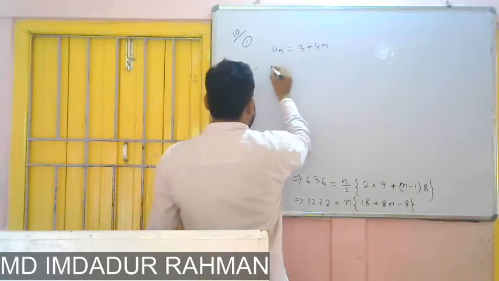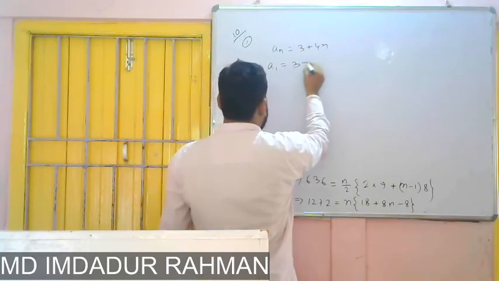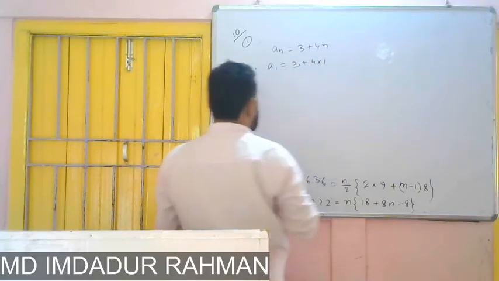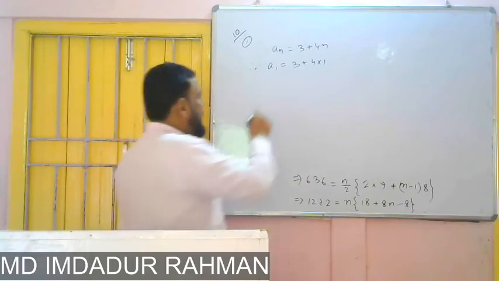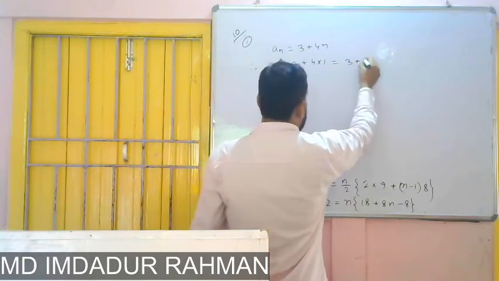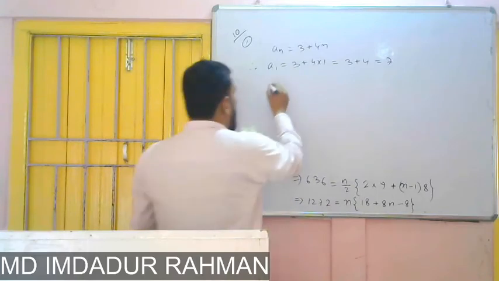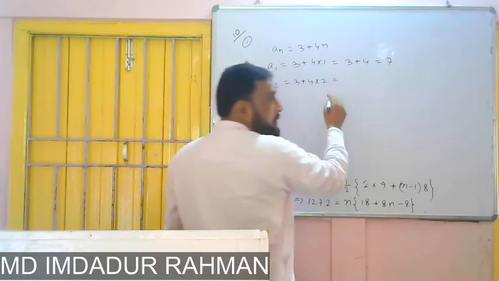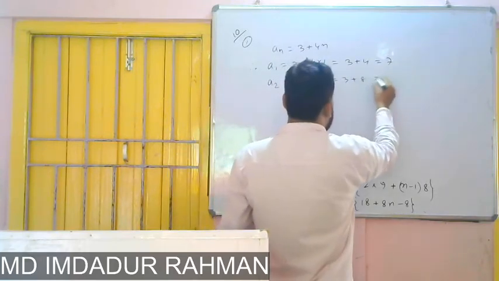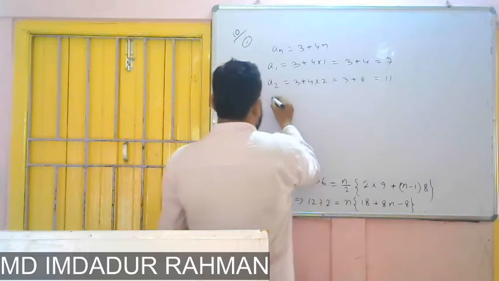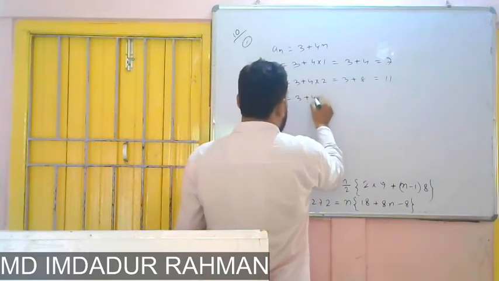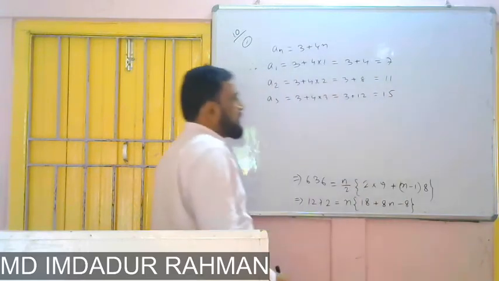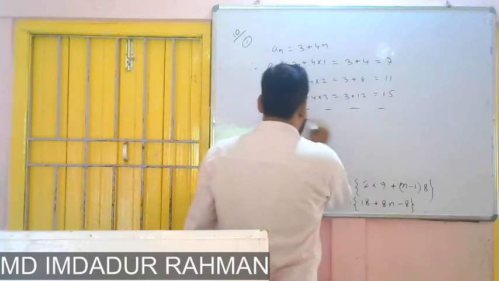Therefore, a1 is equal to 3 plus 4 into 1, is equal to 3 plus 4 is equal to 7. Okay? a2 is equal to 3 plus 4 into 2 is equal to 3 plus 8 is equal to 11. a3 is equal to 3 plus 4 into 3 is equal to 15.